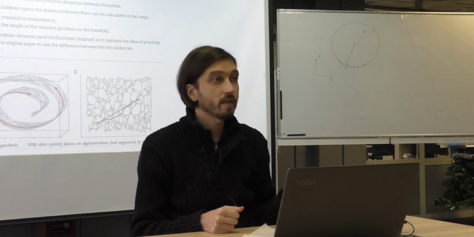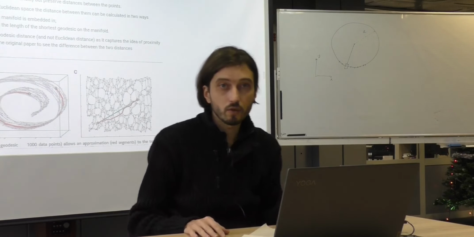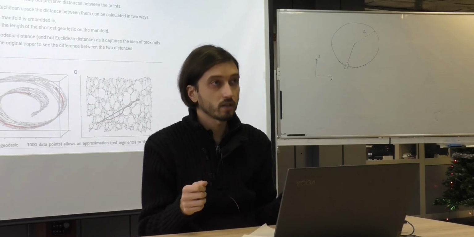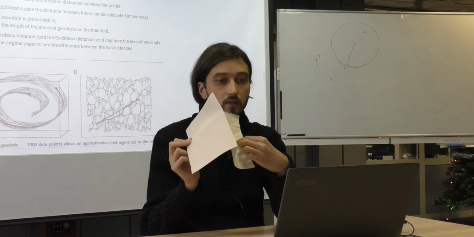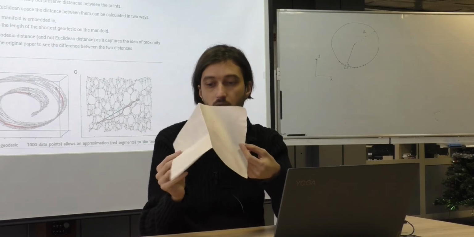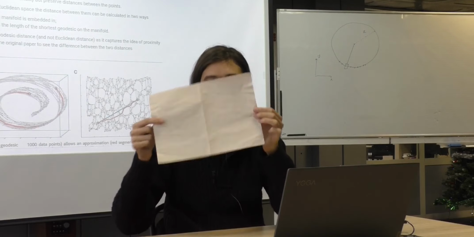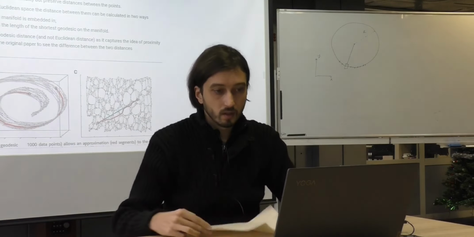Isomap goes the other way around. It says, if we don't have really nice distances like distances in Euclidean space, then just measuring distance between two points on some highly nonlinear manifold is not good, because these points may appear close in a multidimensional space, but they should be far away when we unwrap everything.